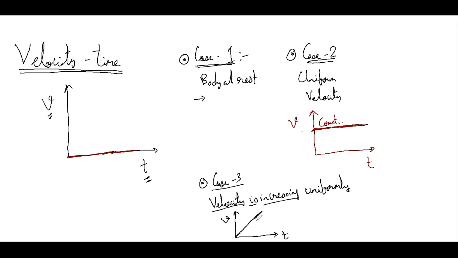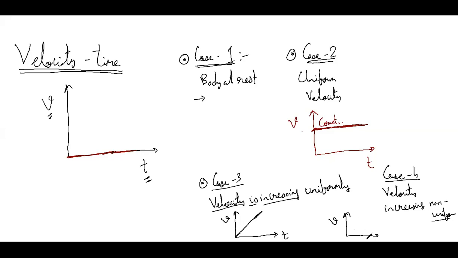And the 4th case might be that velocity is increasing non-uniformly. That can be even a curve. Case 4: velocity increasing non-uniformly. How will the curve be?